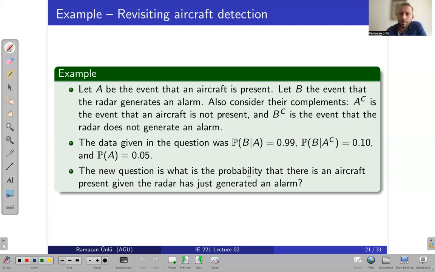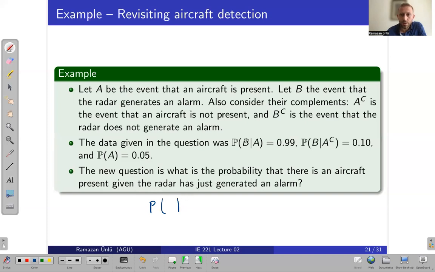So in this example, the new question is, what is the probability that there is an aircraft present given the radar has just generated an alarm? So what we are asked is the probability of A given the radar has just generated an alarm.